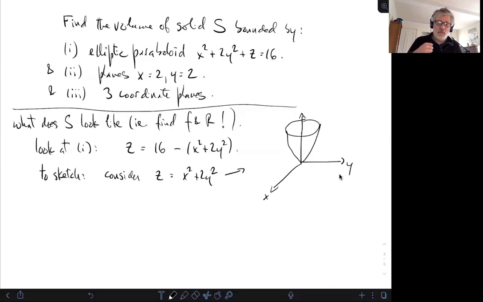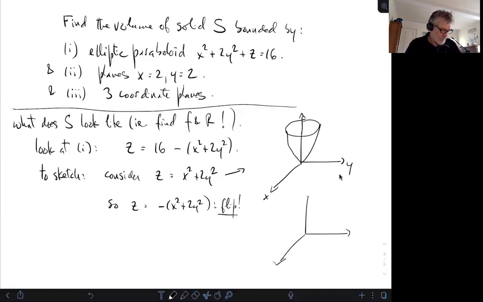Now, what happens if I multiply by minus 1? It'll flip it downwards. So z equals minus x squared plus 2y squared, you flip, and now it's going to look like that. Hopefully everybody is okay with that.